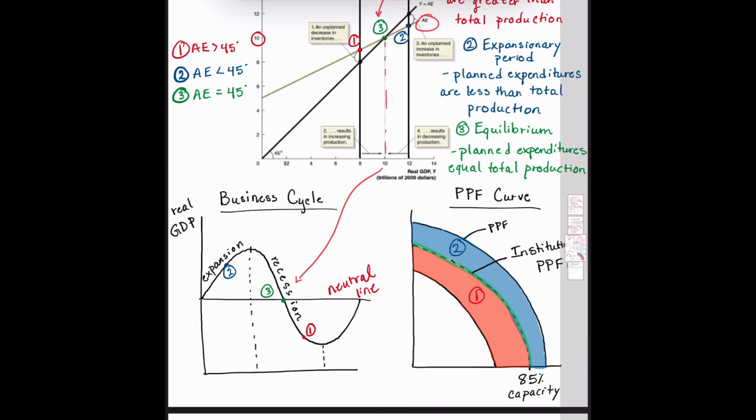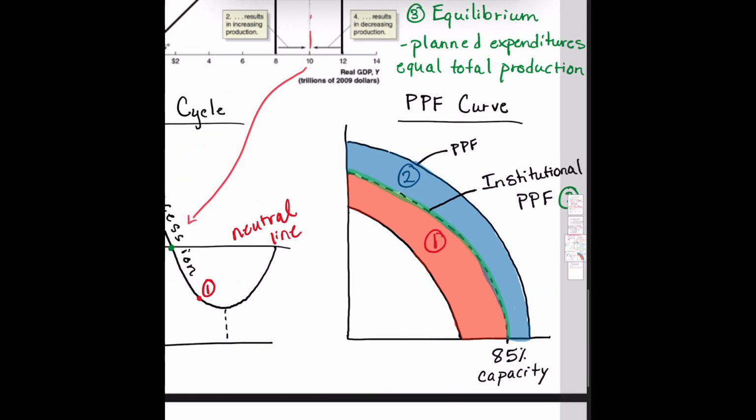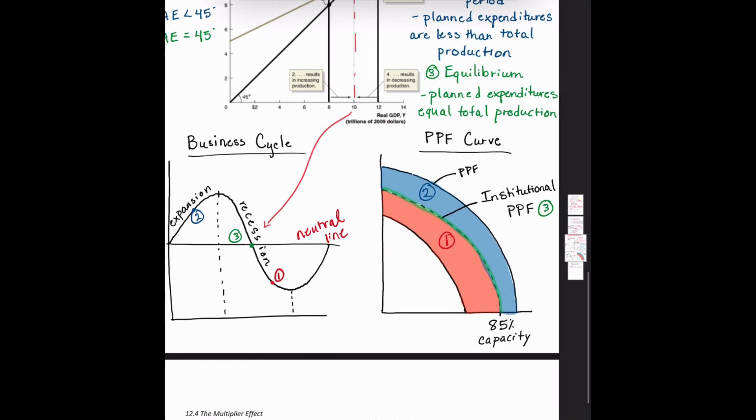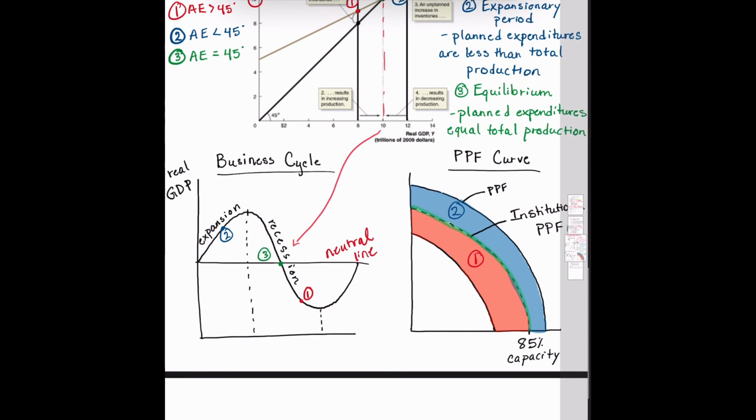That is also the institutional PPF curve. Remember, the PPF curve shows us the maximum attainable production. The institutional is about at 85% capacity. So macroeconomic equilibrium is at about 85% capacity if you're trying to translate it to the PPF curve. If you're in an expansionary period, that'd be anywhere beyond your institutional PPF curve.